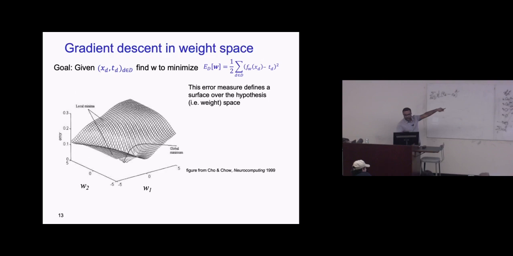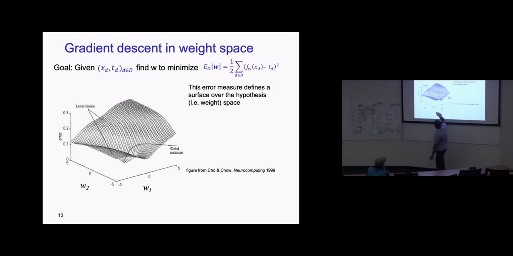If you think about a 2D space, this is your W1, this is your W2, and on the z-axis you have the error. And that looks like a convex function that has a global optimum. Depending on where you start, you will go to that global optimum if you are lucky. If you are not, you can get stuck in a local optimum, which just depends on what this function looks like, right?